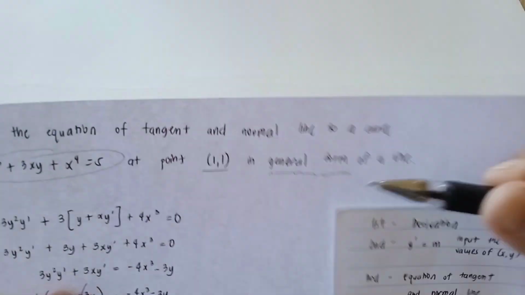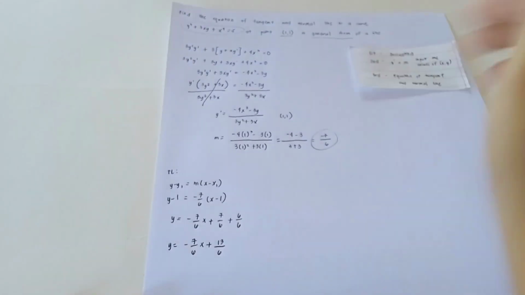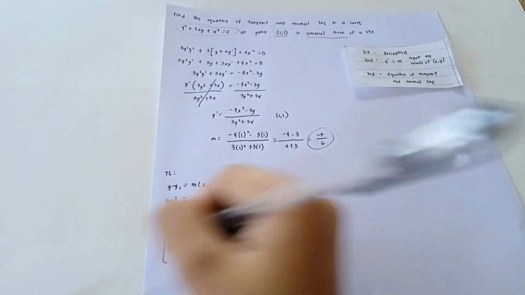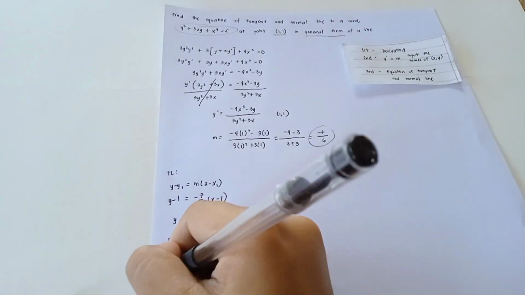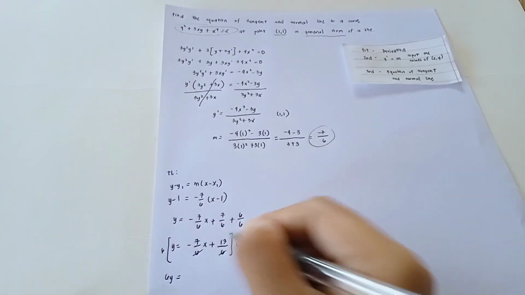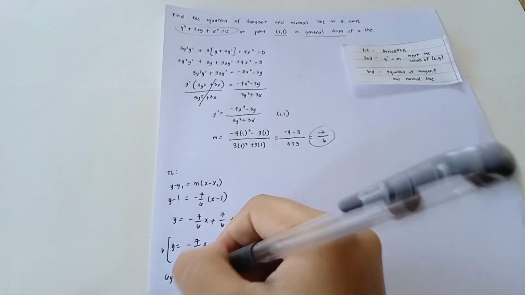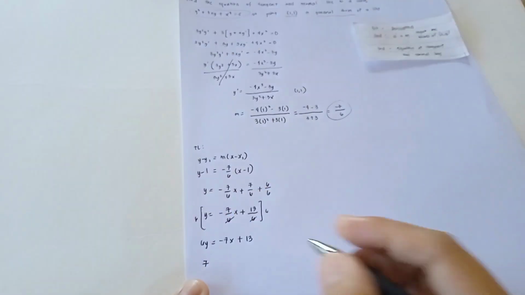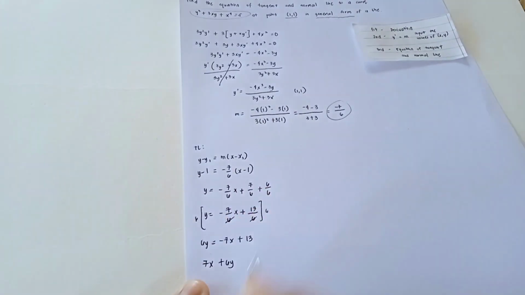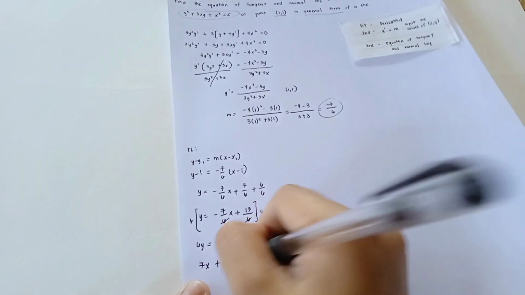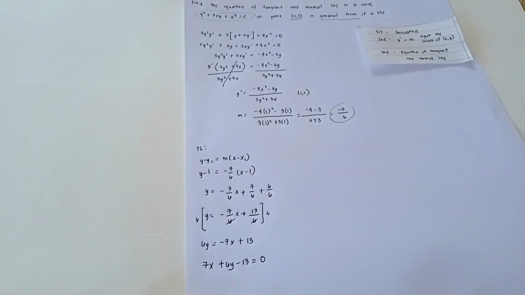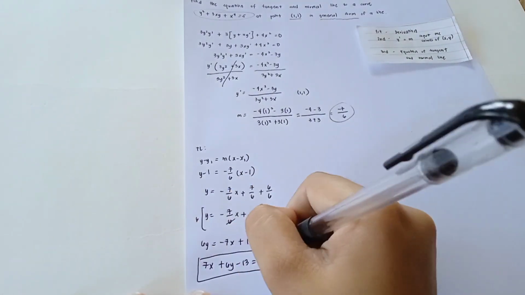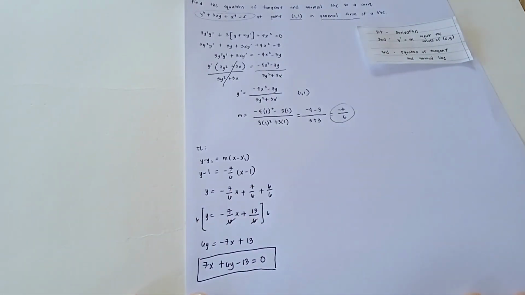It says here that it should be in general form, so let's multiply by 6 so that there will be no fractions. 7x plus 6y minus 13 is equal to 0. That would be our equation in general form for our tangent line.